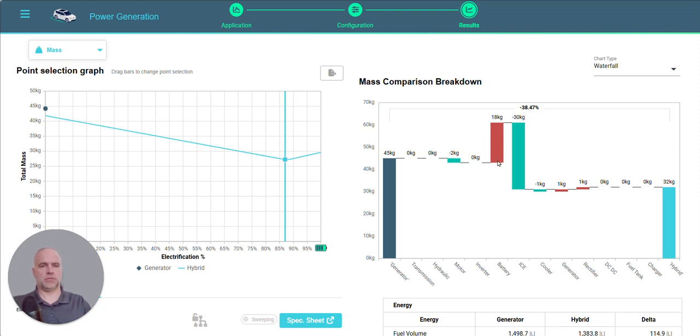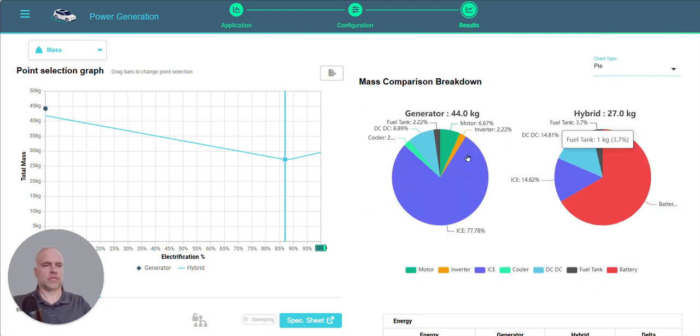While increasing the batteries, you're able to downsize the ICE more than you're able to increase the batteries. Therefore, the mass optimum solution for this profile is a very different configuration, but the hybrid in this case is lower mass than the traditional generator.